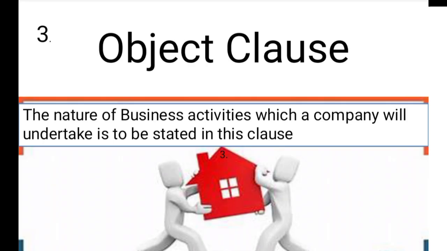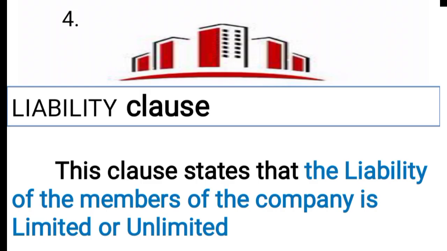Third clause is object clause. The nature of business activities which a company will undertake is to be stated in this clause. A company is free to choose its object, but the object should not be illegal. Very important. Next is liability clause.